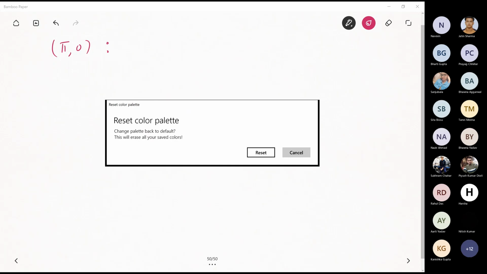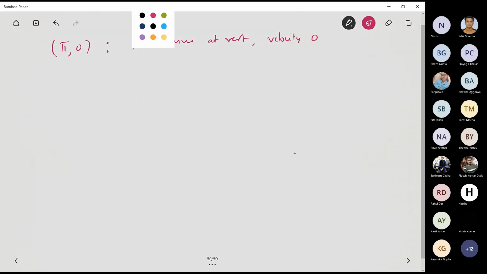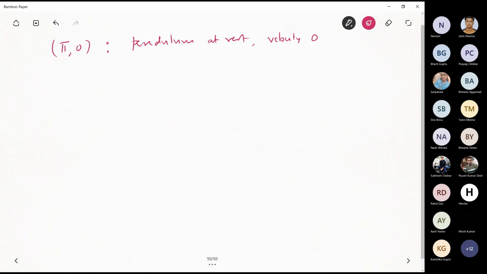That means the pendulum is at rest, but angular velocity x2 is 0. Then what happens? Does it remain at rest? It won't remain at rest, that we know physically. So let's see what is going to happen at pi 0.